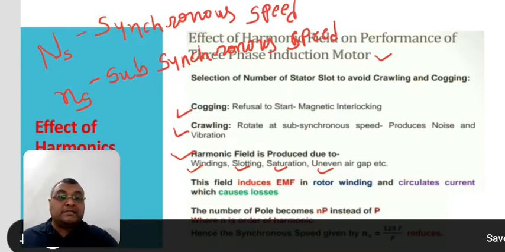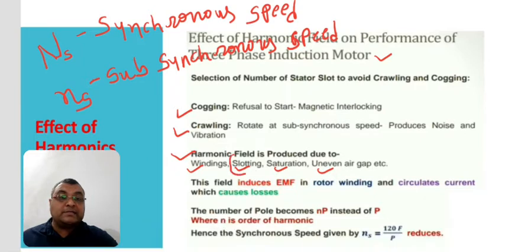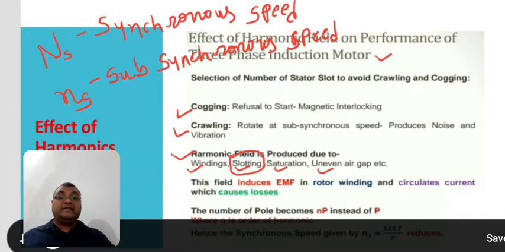I already discussed this topic. This harmonic field is produced due to the problem of the selection of the number of slots that we provided. Okay, if the number of slots is not provided exactly, then magnetic saturation occurs in the core, and uneven air gap will be there.